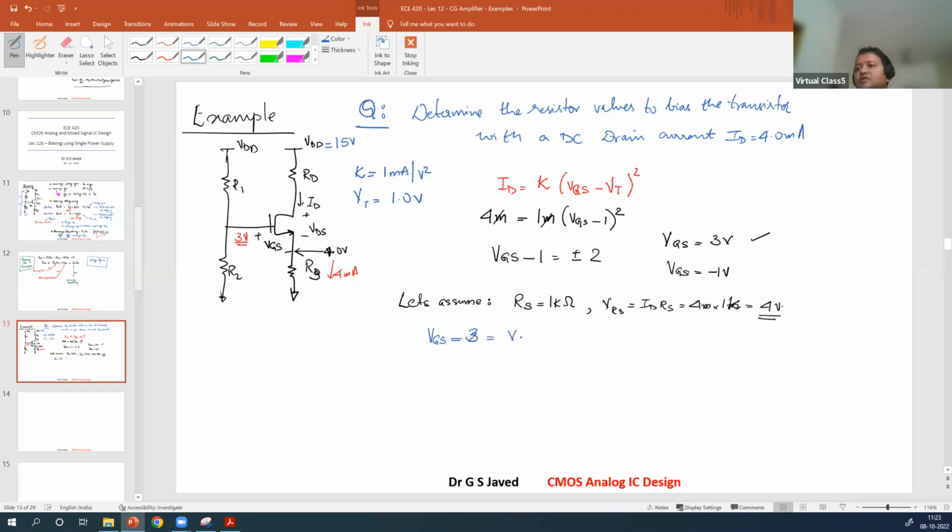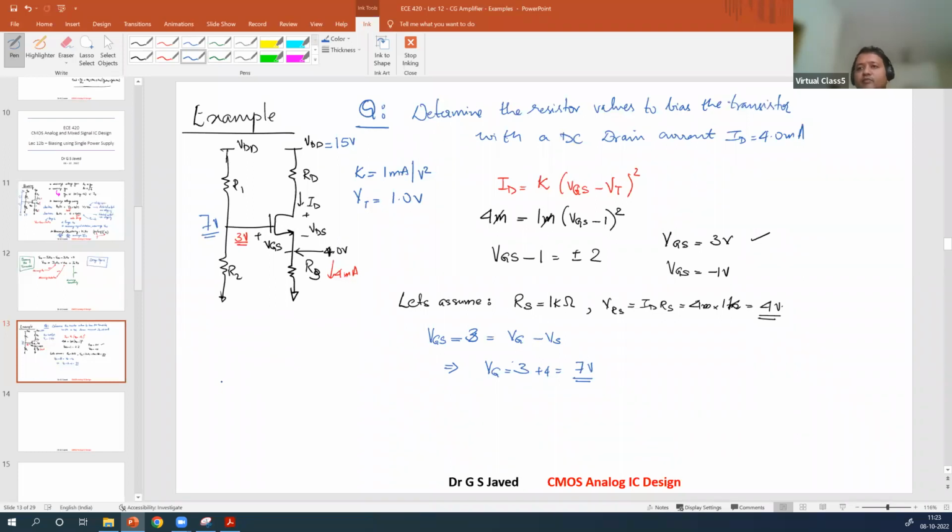So that is equal to VG minus VS. That is given as VS is 4 volt. So VG is equal to 3 plus 4 equal to 7 volt. So this value needs to be 7 volt. So now that you know this value, we can find the value of R1 and R2 very easily with 15 volts here.